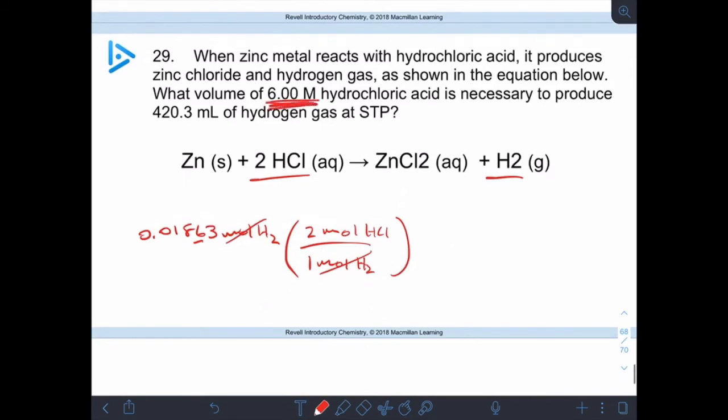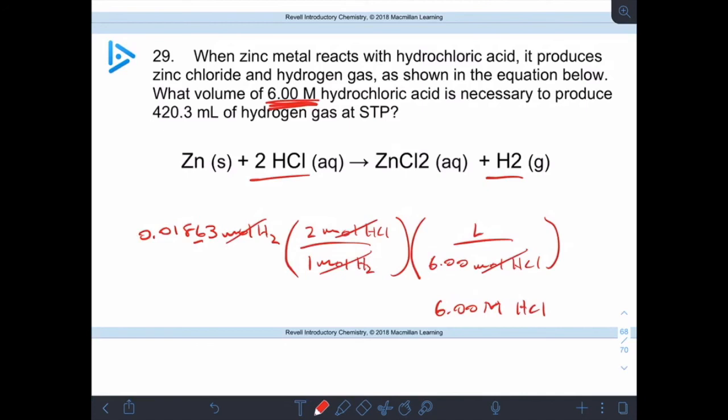But now we're going to use this conversion factor to get to a volume, okay? So I've got 6 moles of HCl per liter. That's my 6 molar part, conversion factor part. Okay, so moles of HCl will cancel.